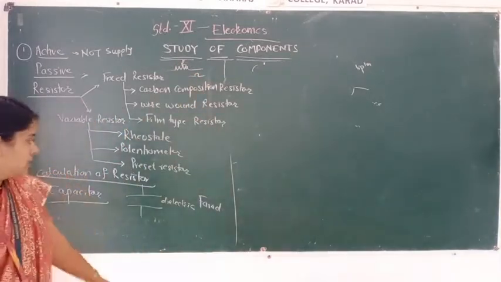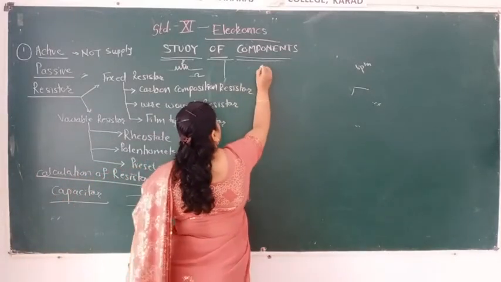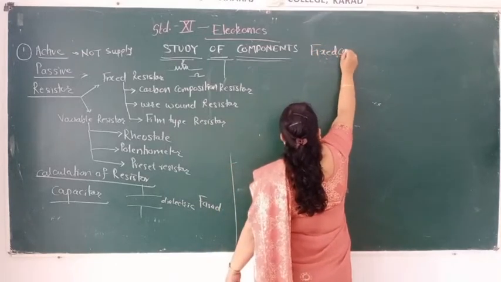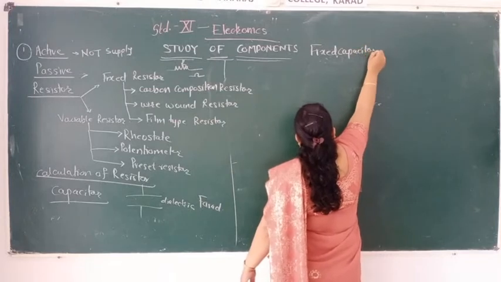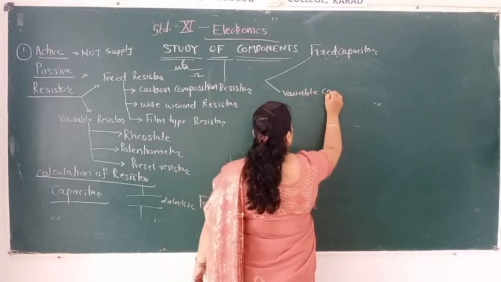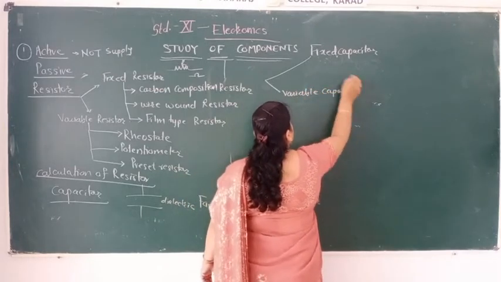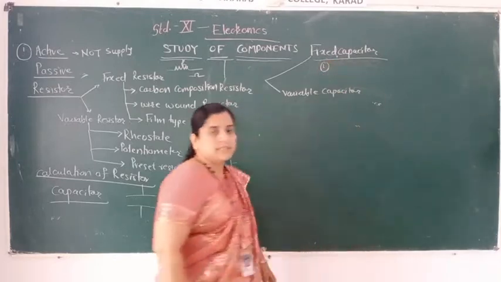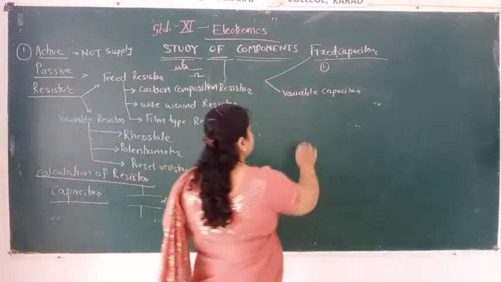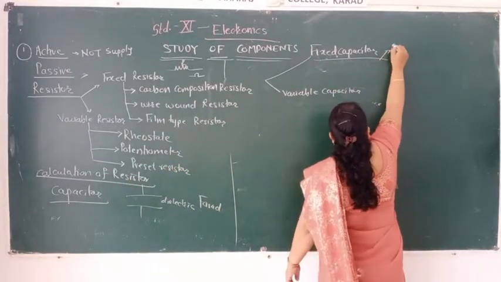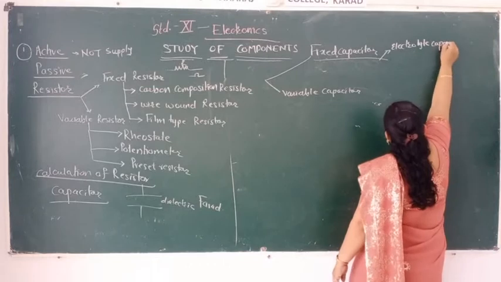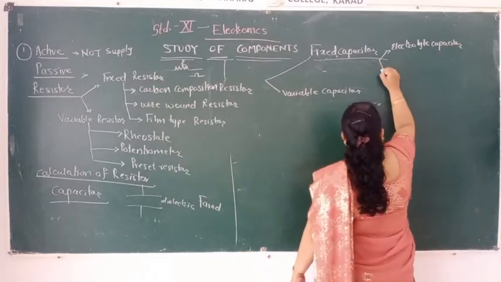Capacitors have two types: fixed capacitor and variable capacitor. Fixed capacitor is again divided into two types: electrolyte capacitor and non-electrolyte capacitor.